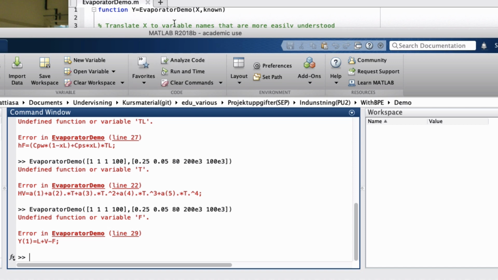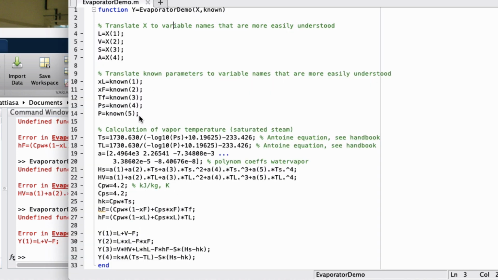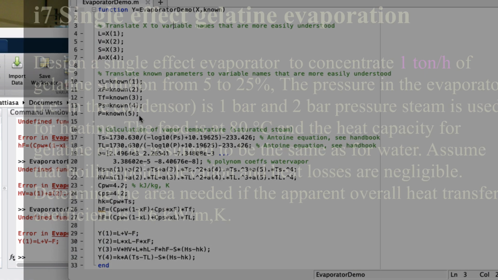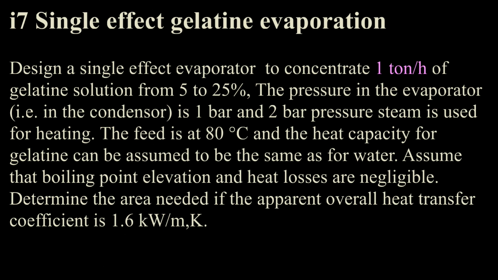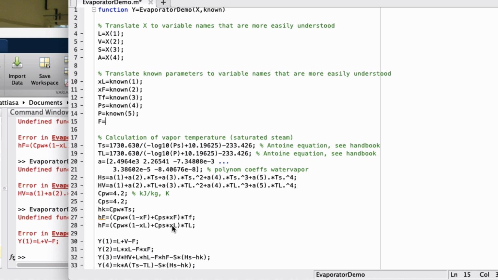Undefined function or variable F. Yeah. That should also be known, right? So F, we need to add another known, that we have 1 ton per hour.